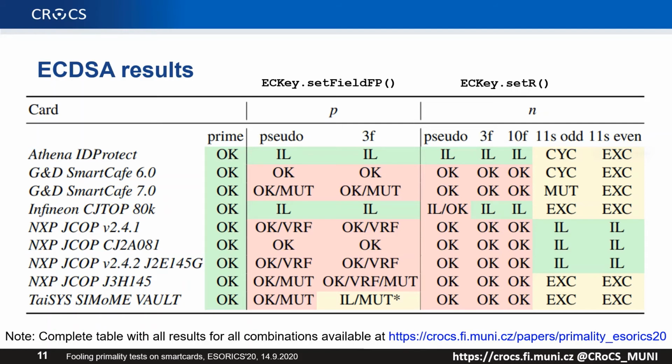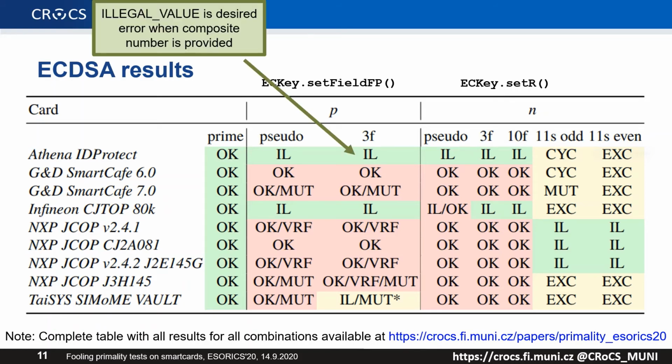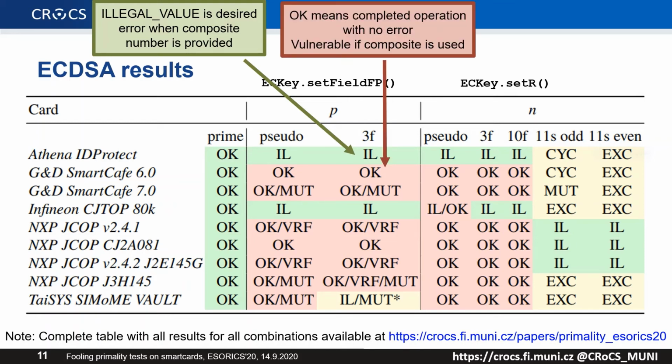Now, how to interpret the different codes. IL means illegal value, and that's the desired error, because we are giving it an illegal number, so it should be rejected. If you see OK, and it's red, this means we submitted the composite number, and it was completely accepted by the card, and at the end, the card gave us the signature, and we were able to retrieve the private key.